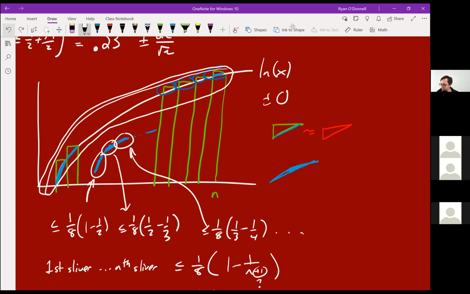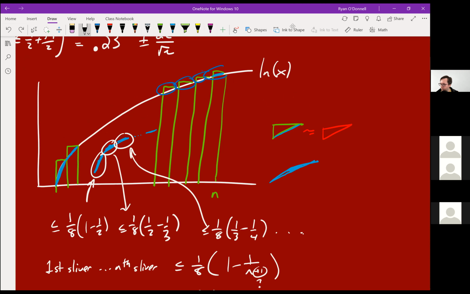So the question is, the funny thing is, you yourself don't actually have to name the number. We want the area of slivers between 1 and n.